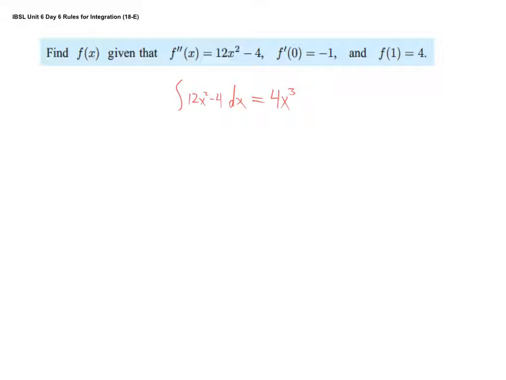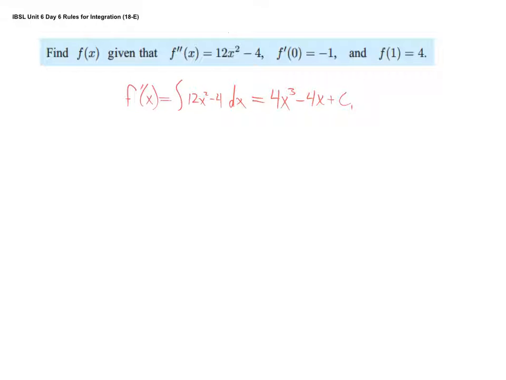Negative 4x. So 4x cubed minus 4x plus c. And we'll call that c1 because we're going to do this twice. So that is my first derivative.